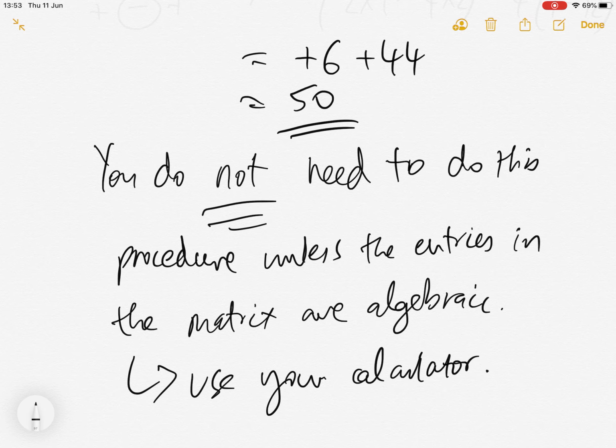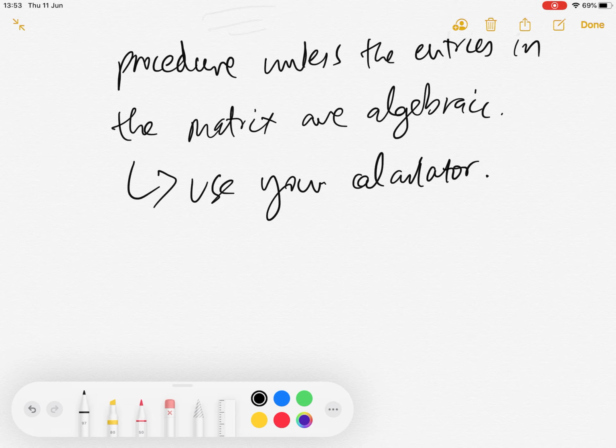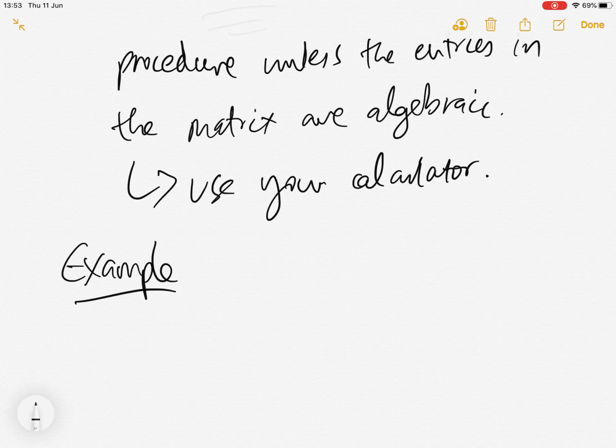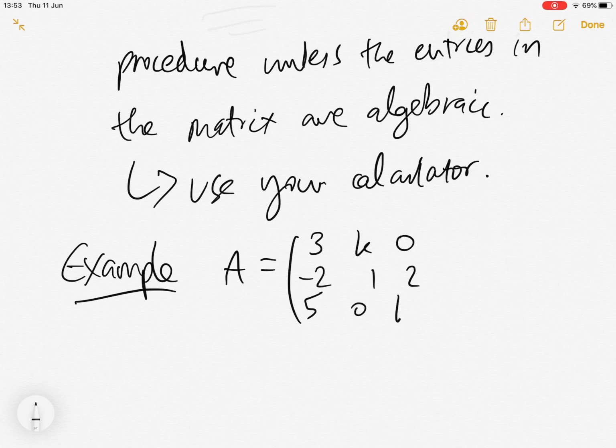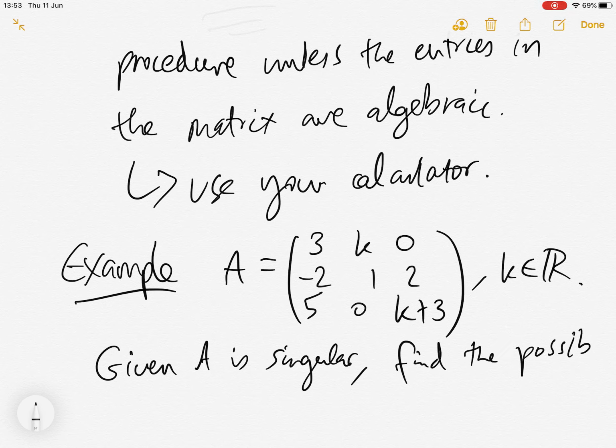But obviously, if we have an unknown in the matrix, some unknown like x or k, then you can't use your calculator. So if we had an example like this, if we have the matrix A, which is 3, k, 0, minus 2, 1, 2, 5, 0, k plus 3, and we're told k is a real number, and the question is, given A is singular, find the possible values of k.